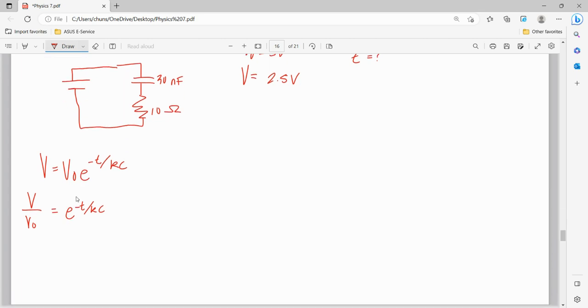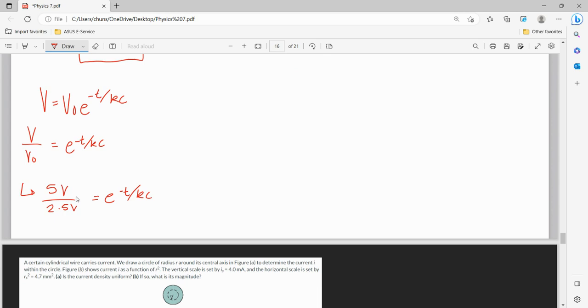I'm so sorry, I'm all over the place. Okay, bring it down over here. So this is essentially saying 0.5 is equal to this.